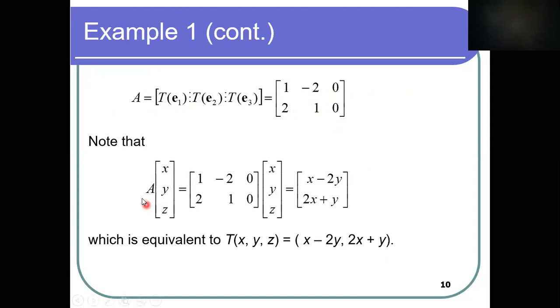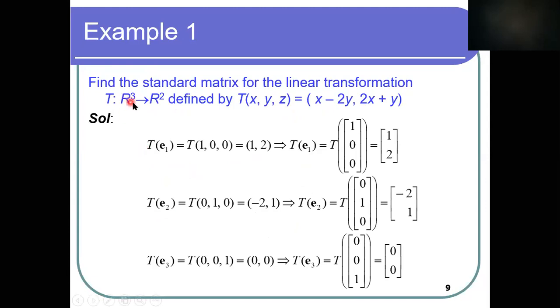If you apply matrix A on the input from the domain, you will get back the linear transformation. It means if you have a matrix, you can apply it on an input of the domain, which is R3.